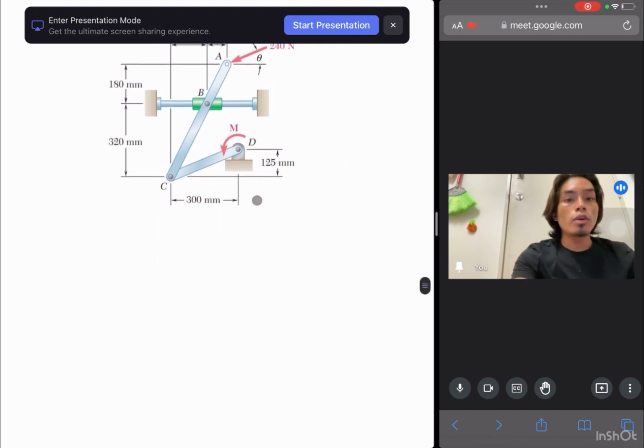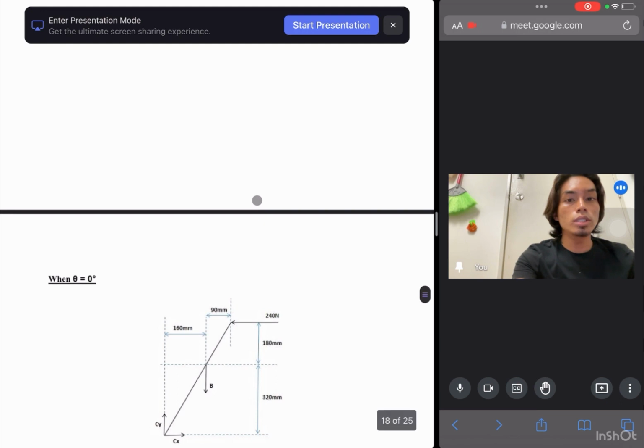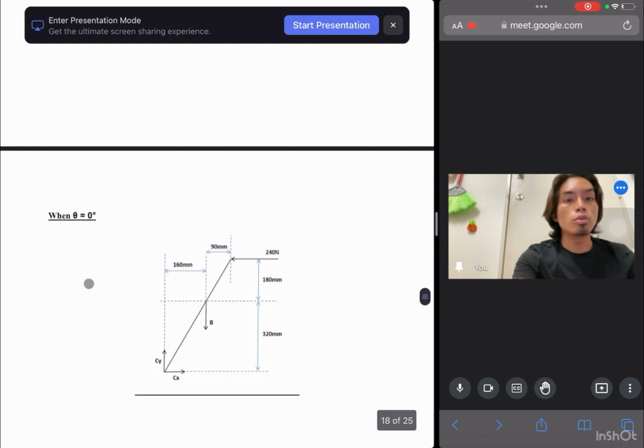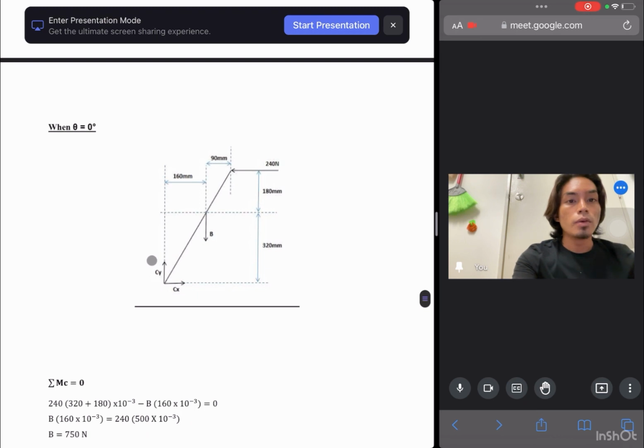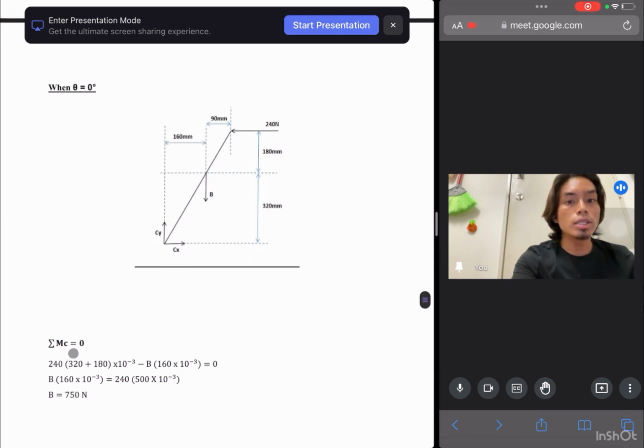So the first step I use is when theta is equal to 0 degrees. And at this FBD we can see 240 Newton, with the moment at C equal to 0. Summation of moment at C equal to 0. So 240 Newton times its distance 180 plus 320 millimeter, minus B, the force at B, times its perpendicular distance, 160 millimeter, equal to 0.